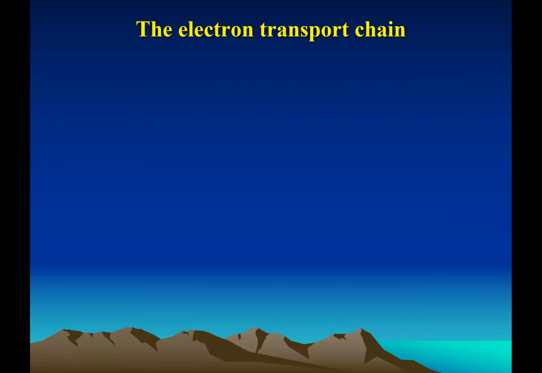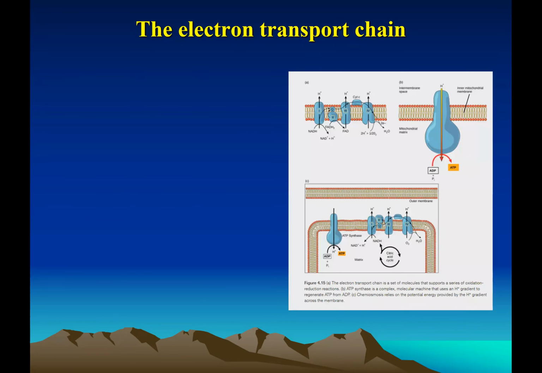The third step is amazing. It's like mind-blowing to think that this is happening in our cells. So the electron transport chain. This is a series of proteins that are found in the inner mitochondrial membrane. All these blue structures you're seeing are proteins.